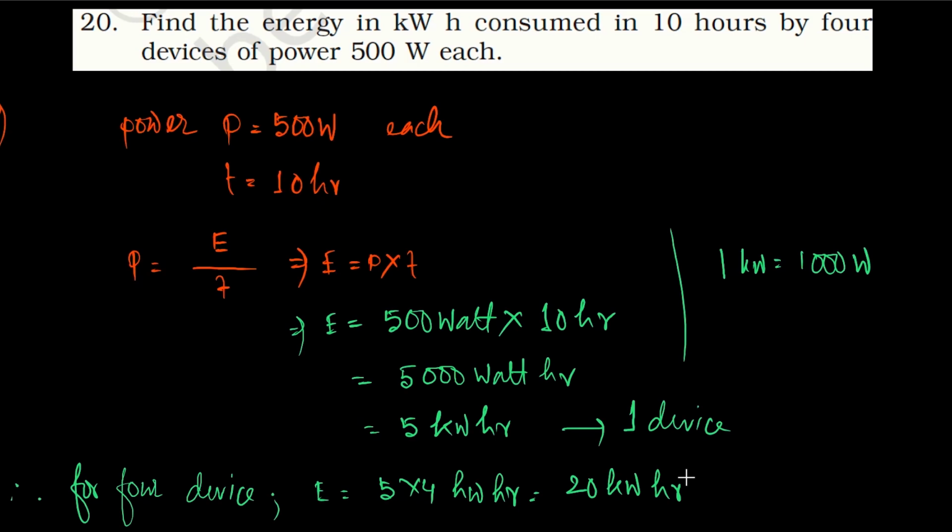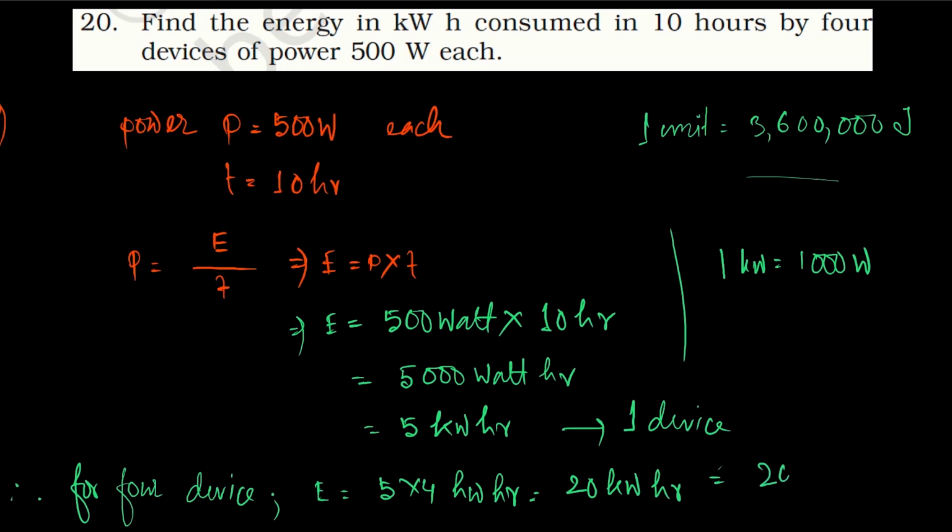But if the question comes and they tell you to also find the answer in units, then we get that what? 1 unit of energy is how much? 3.6 into 10 to the power 6 joule, right? We actually converted that.